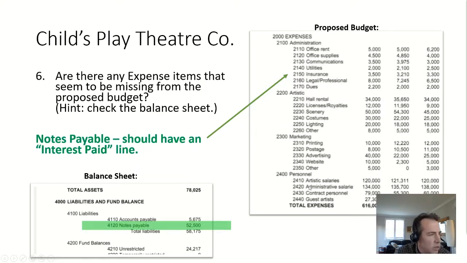You can see also they've got their artistic salaries listed under personnel, guest artists under personnel. So that's how they've organized them, but they're definitely there. Also, the astute among you will notice that the budget lists website under marketing, but it's labeled promotions on the P&L. So that was a typo, just a slight one.